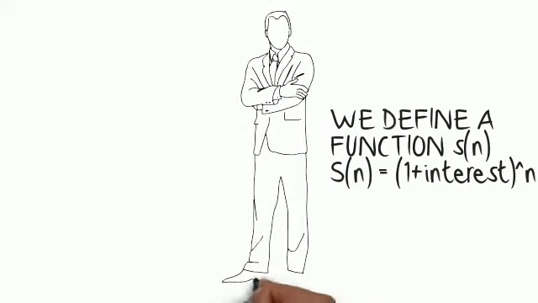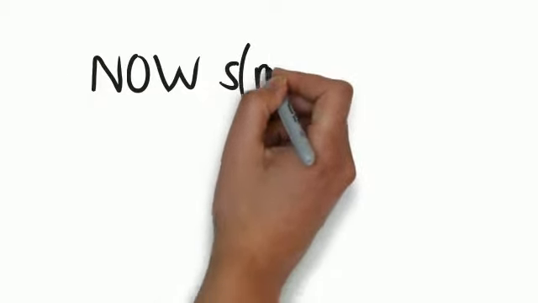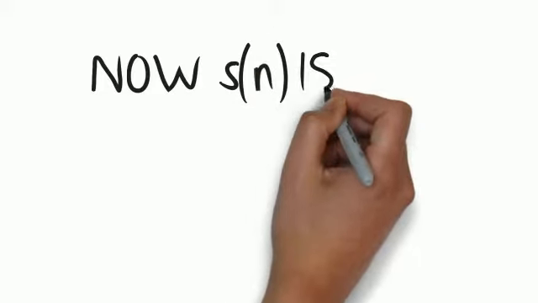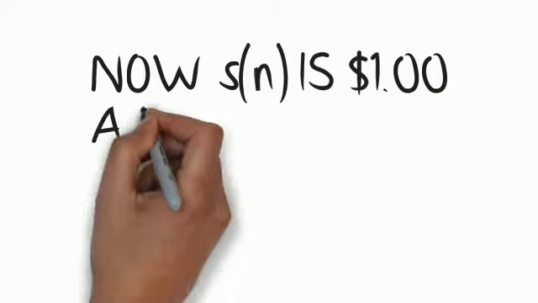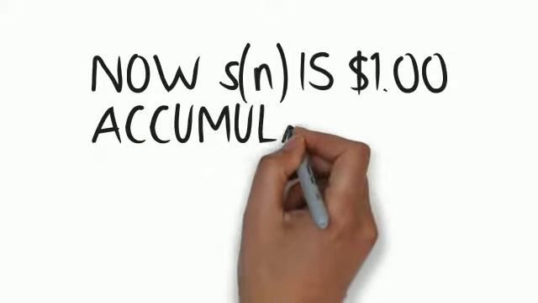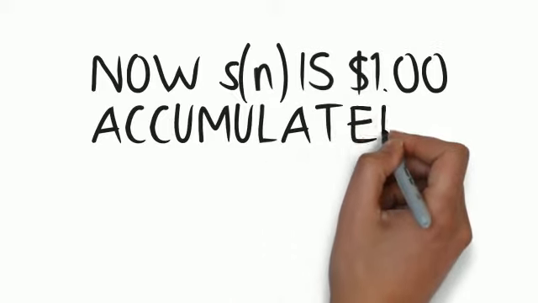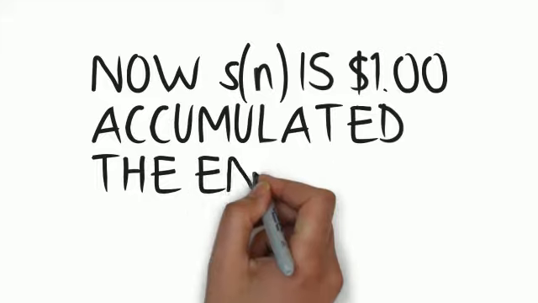In other words, S of n is the accumulation of $1 over a period of n years. S of n is the accumulated value of $1 invested for n years.